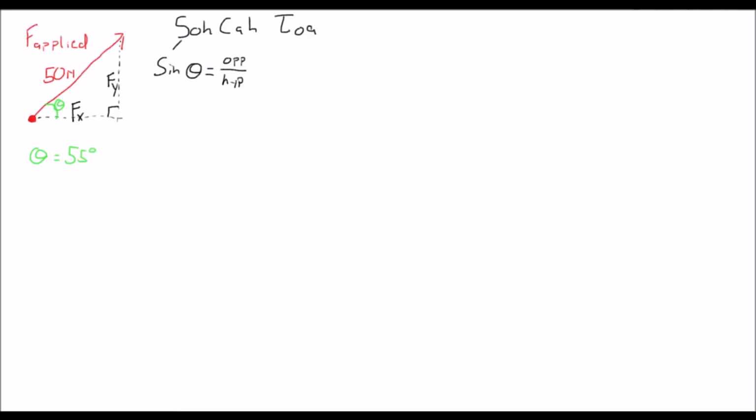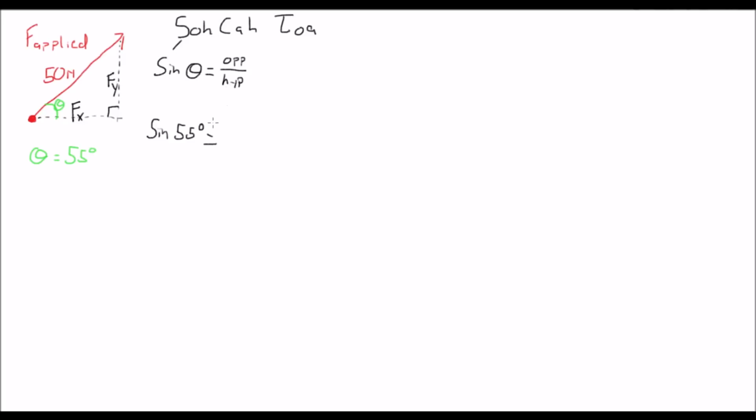Okay? So going back to this equation, we have the sine of 55 degrees is equal to the opposite leg over the hypotenuse. Now, what do I mean by the opposite leg? Well, here's the angle. There's the opposite leg. It's the one that's directly opposite of the triangle for it.